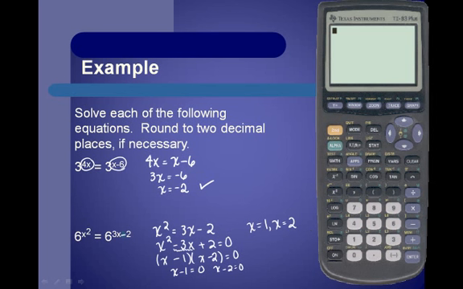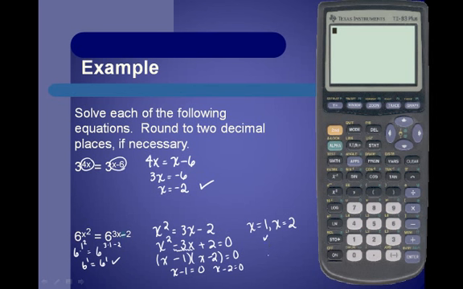If x is 1, then we get 6 to the power of 1 squared equals 6 to the power of 3 times 1 minus 2. Well, 6 to the 1 squared is just 6 to the 1. 3 times 1 is 3. 3 minus 2 is 1. So that one holds true when x is 1. So we know that 1 is a solution.